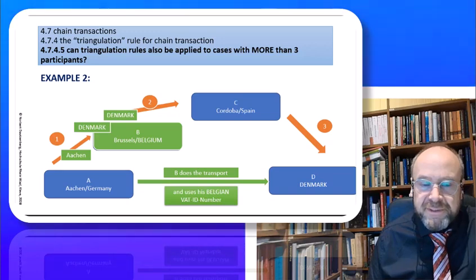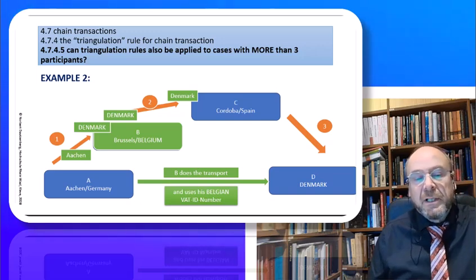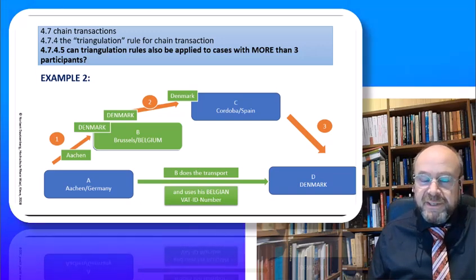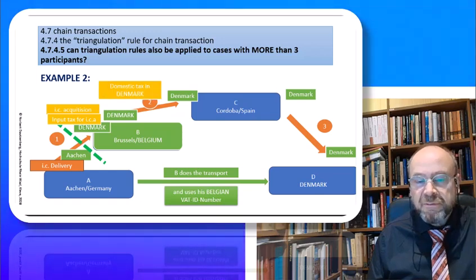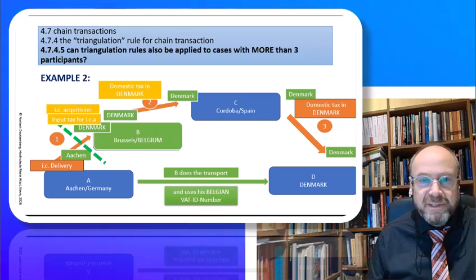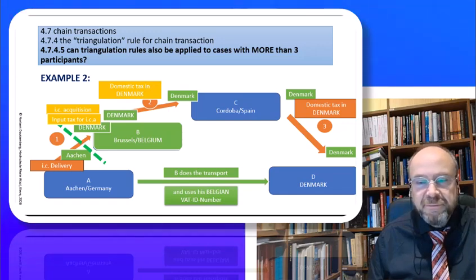So the first transaction is seen as the one with the movement. And that means the second one is Denmark, Denmark, Denmark, Denmark. So we have IC delivery for A, we have intra-community acquisition for B, we have input tax for deduction for him, we have a domestic tax for him in Denmark. So B is now in a situation where he has all the 3 conditions of the constellation fulfilled.